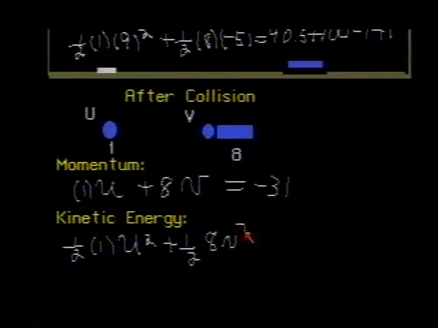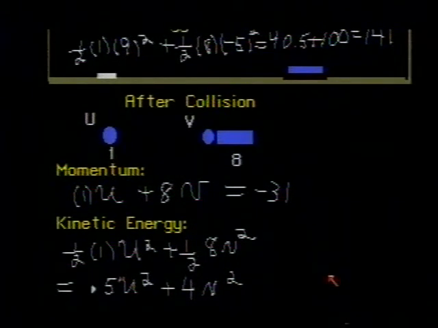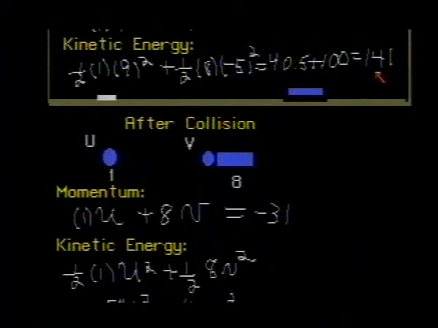This is equal to 0.5 u squared plus 1/2 of 8, or 4, v squared. And since in an elastic collision the final kinetic energy must be equal to the initial kinetic energy, this will be equal to 141 units of energy.